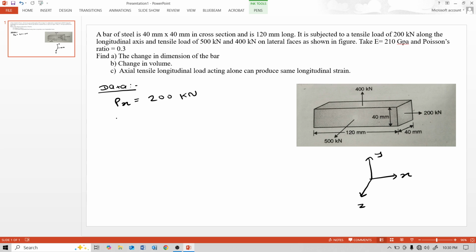Load acting on lateral faces, Py, is equal to 400 kilonewton. Load acting on the z-axis is 500 kilonewton.